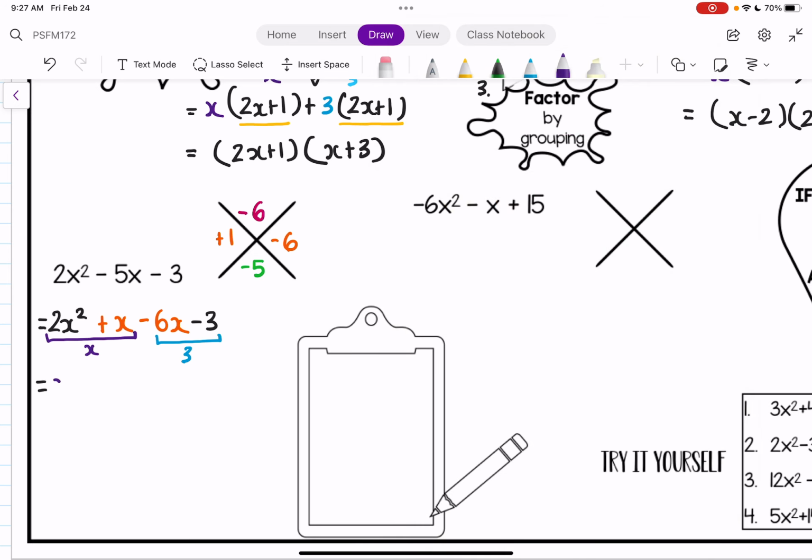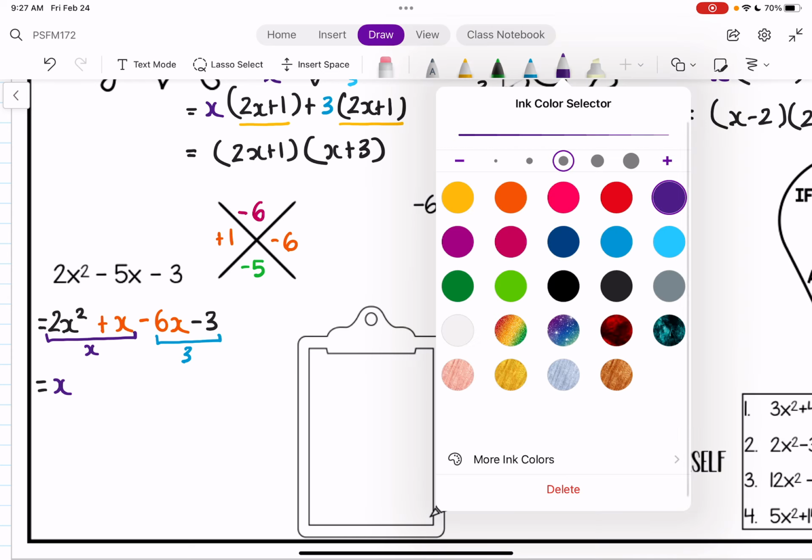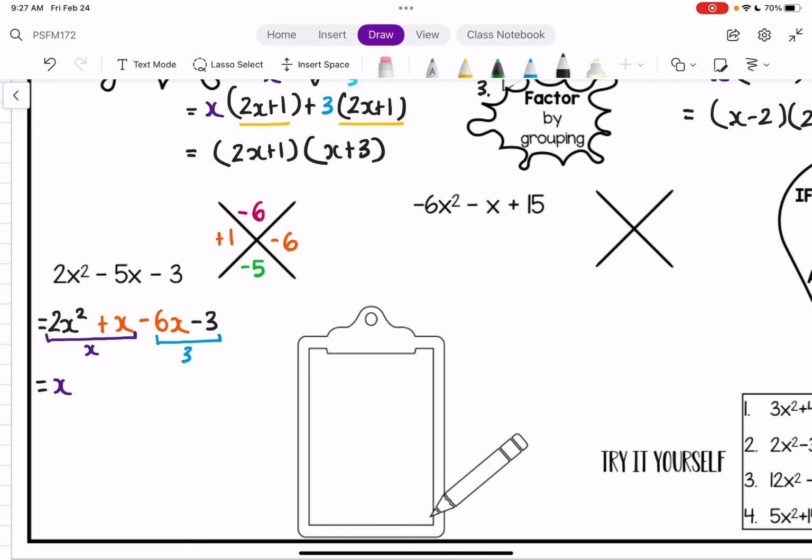So we take x, open your bracket, 2x plus 1. Our operation is subtraction.